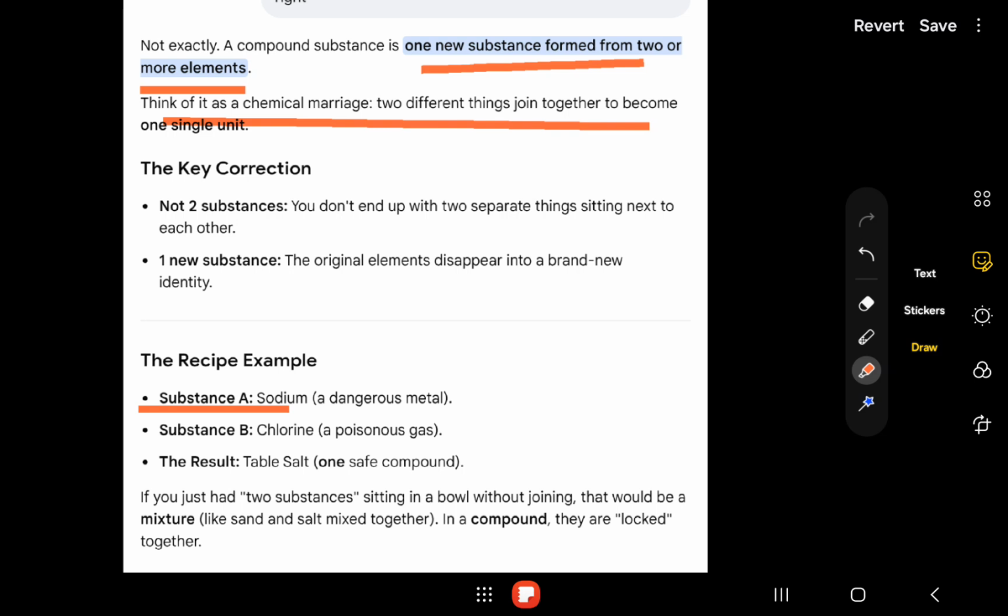These are two elements. Now a new substance results. A new substance is formed. Table salt, one safe compound. This is the example for compound substance. Okay friends, I hope you understand.